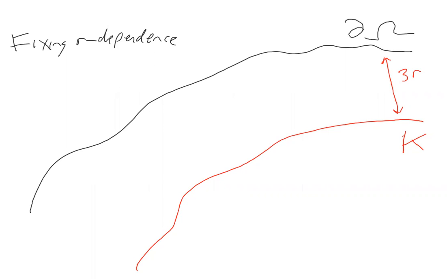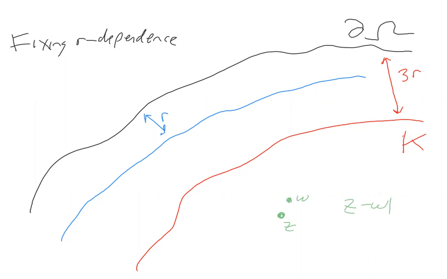Well, what I can do is I can take another compact set that is going to be at least r units away. And so this is at least r units from the boundary of omega. And so now, if I take a point z in K and another w in K, I want |z minus w| to be less than delta.